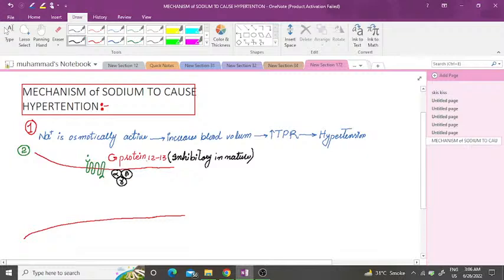It means that it is a Gi protein. This G protein 12 to 13 is a Gi protein.